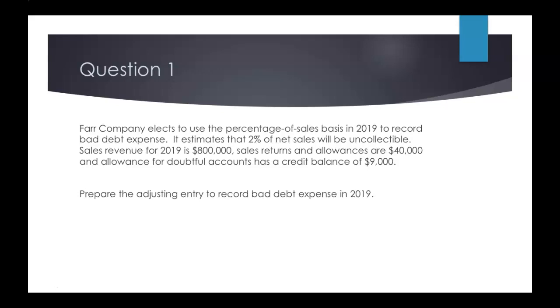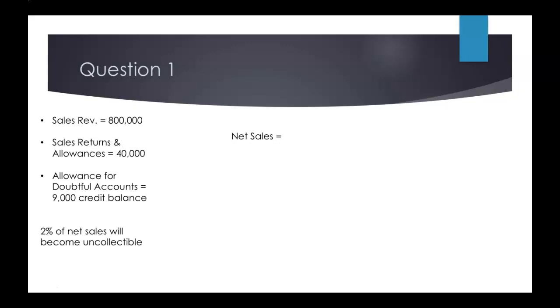So we need to prepare the adjusting entry to record the bad debt expense, to record the amount that we expect to be uncollectible. So we have all the information over on the left side. But we are figuring out this 2% of net sales. Well, first we need to figure out our net sales. So that's going to be our sales revenue minus our sales returns and allowances.